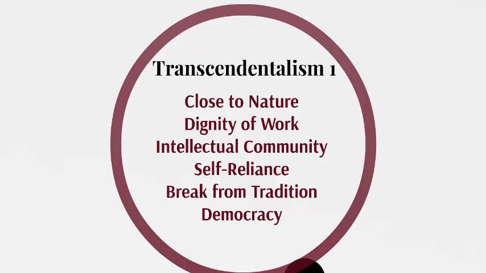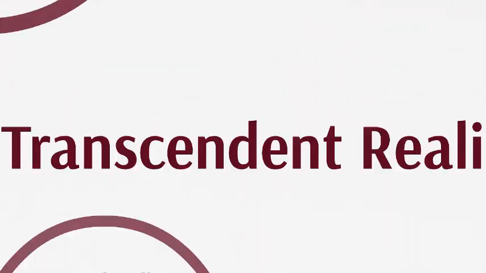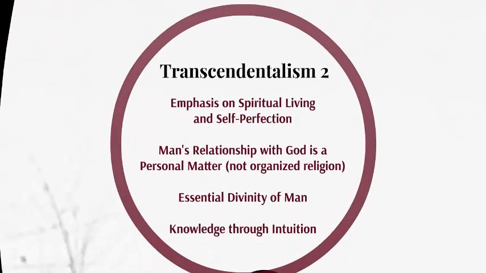Even though you have a community, you are responsible for your own thoughts. There's also that break from tradition and an inclination toward democracy that we were talking about before. Also, Transcendentalism puts an emphasis on spiritual living and self-perfection that we mentioned before. It's not about getting more stuff. It's not material living. It's not about how much money you make, but how you work to perfect your soul.